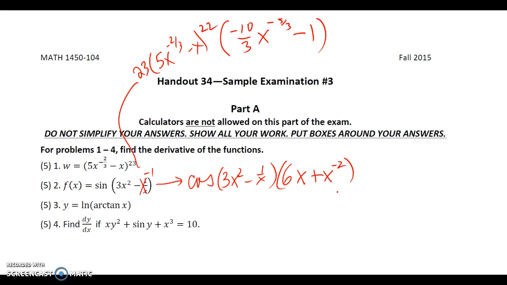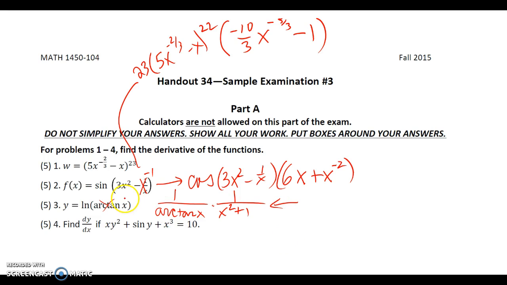That's all that is. All right, this one is, first, the derivative of the natural log is 1 over what's inside there, right? 1 over x, and this right now is x, times the derivative of the inside, where the derivative of the arctan is 1 over x squared plus 1. Those you just have to memorize.